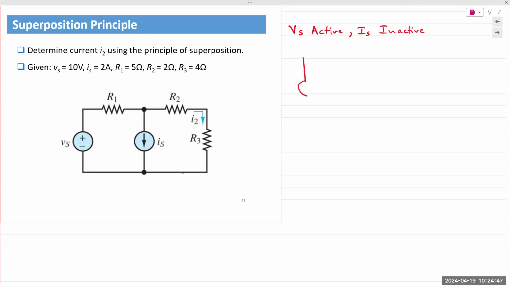And then, of course, in this case, it does not really matter, so we'll just leave it as it is. This is plus minus, and then R1, and then R2, and then R3. And then, as was just pointed out by a student, we have R1, R2, and R3 all in series.